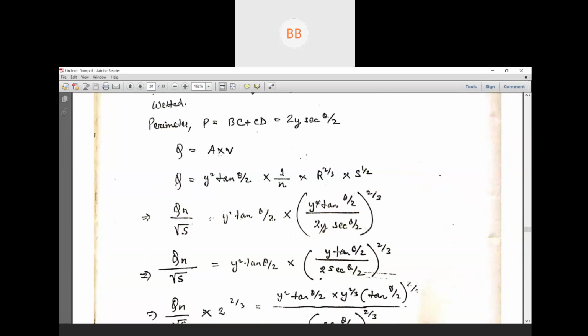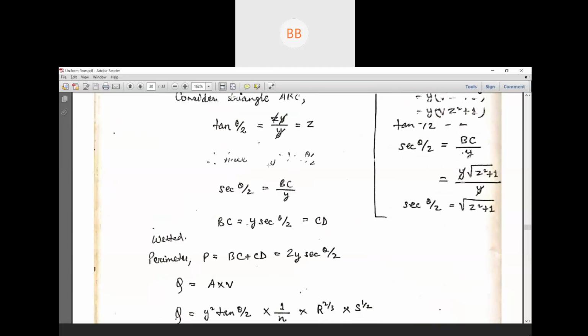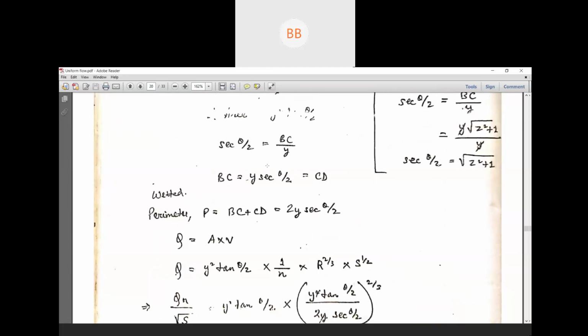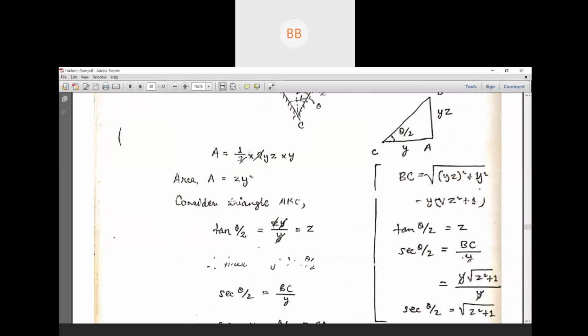Next, we will go to our discharge equation. This is Q. Area is nothing but zy square.